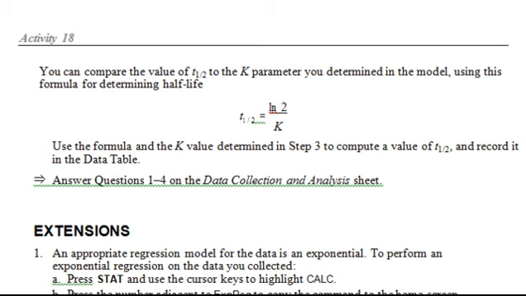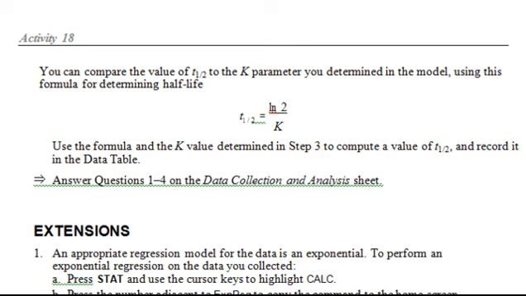So you came up with your own model that you graphed, and you came up with a k value. What you're going to do is figure out T half using that k. No graphing, just typing an equation into your calculator. And that equation is the natural log of 2 divided by k.